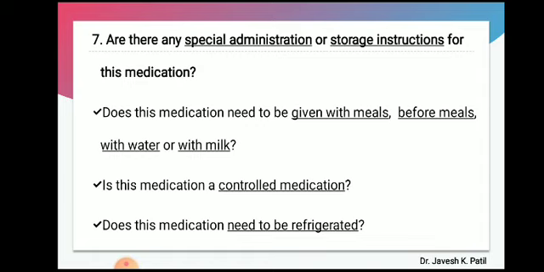And lastly, another question that should arise is, are there any special administration or storage instructions for that particular medication mentioned in the prescription which should be followed? Many medications should have a proper administration time.